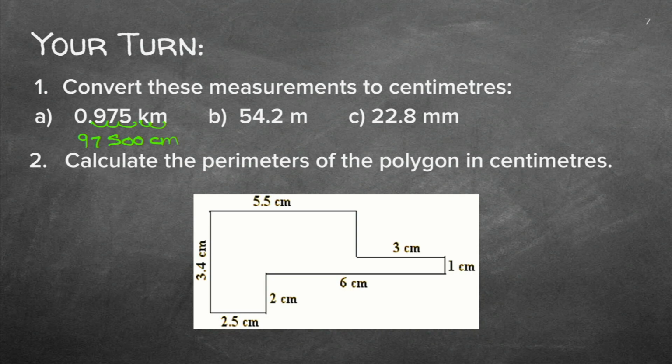And from meters to centimeters, you times it by 100. So it's 5,420 centimeters. And then millimeters, you divide by 10, 2.28 centimeters.